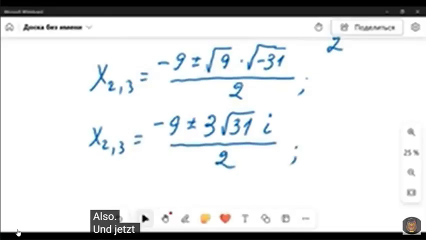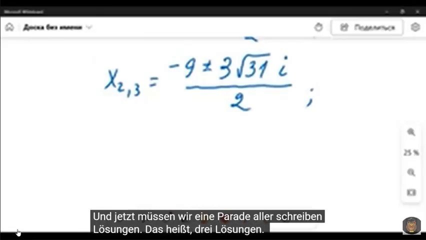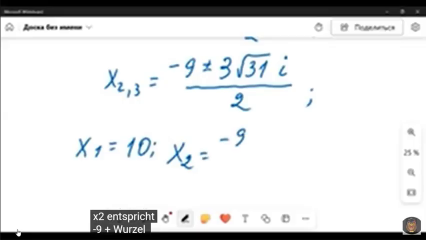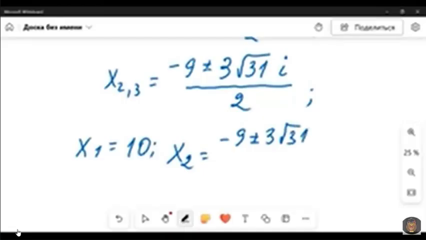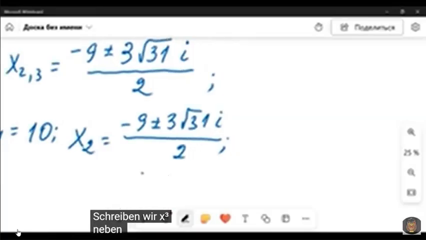And now we need to write out all the solutions together, that is, three solutions. x first equals 10. x second equals minus 9 plus 3 root 31 i, divided by 2. x third equals minus 9 minus 3 root 31 i, divided by 2.